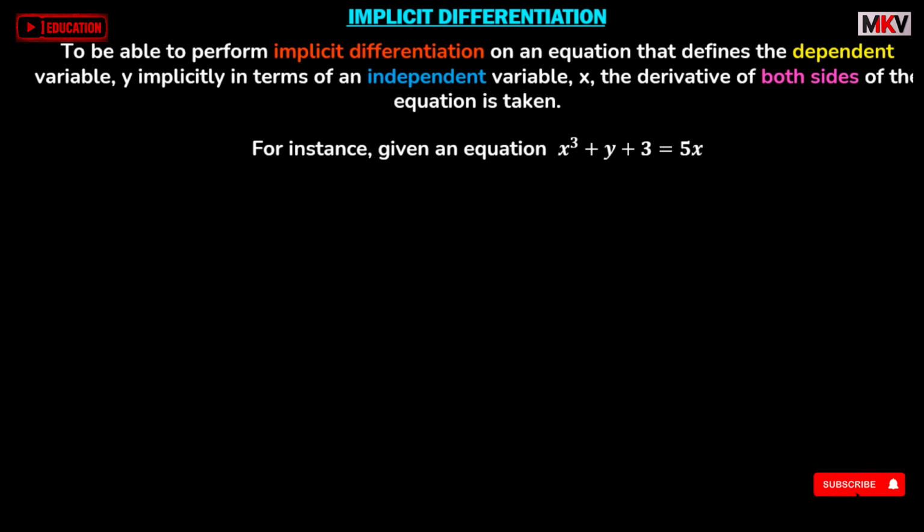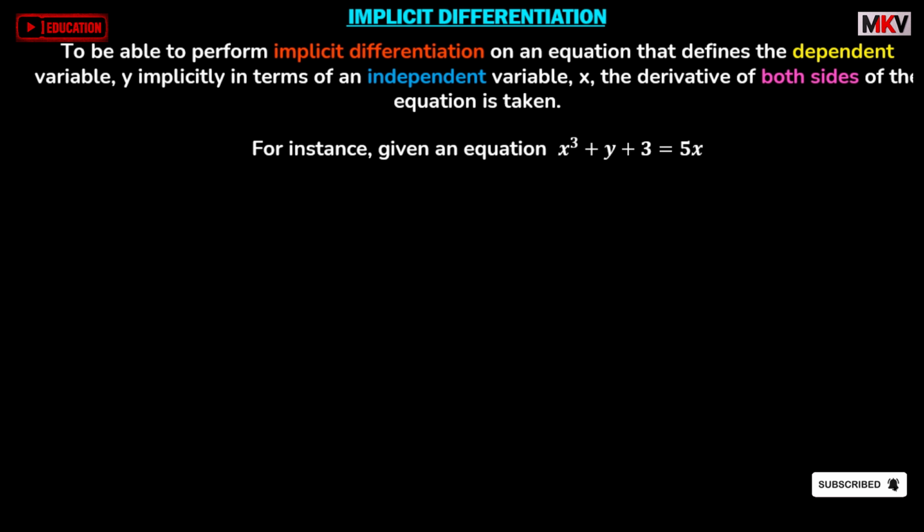For instance, given an equation such as x cubed plus y plus 3 is equal to 5x, and you are asked to differentiate it, we don't know the dependent variable explicitly. So we are supposed to use implicit differentiation to find the derivative of this function.